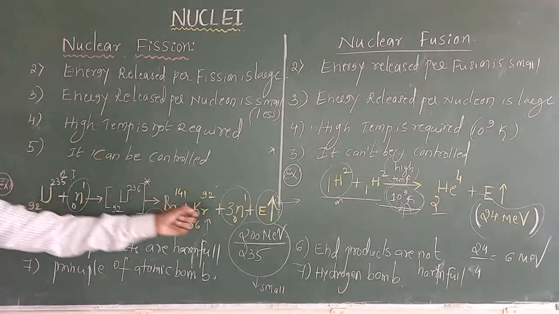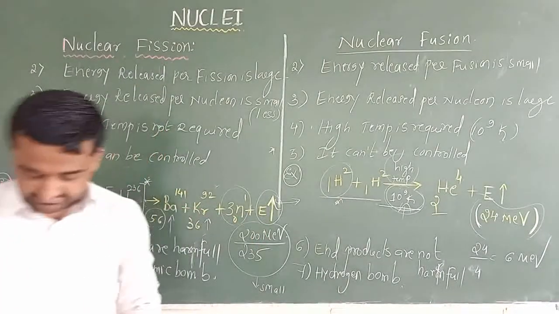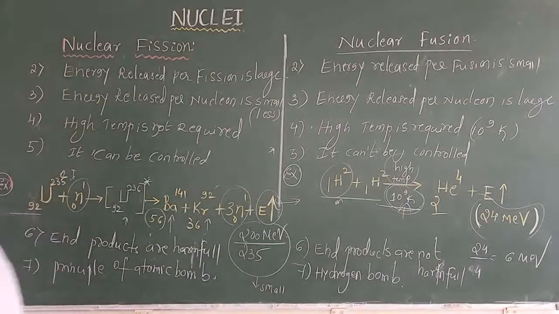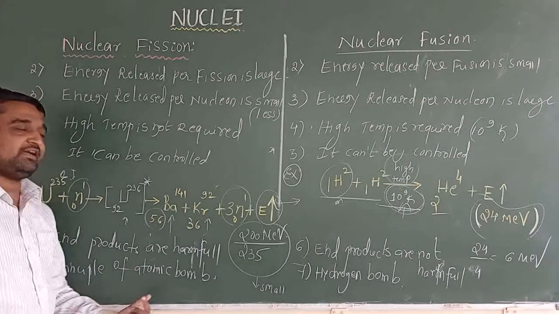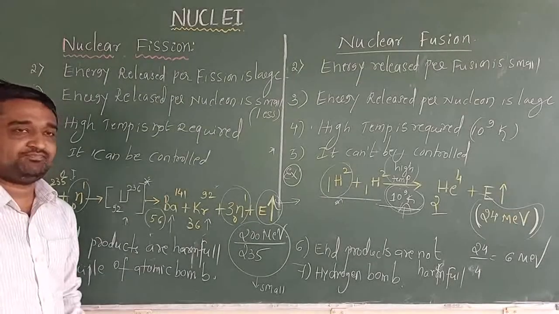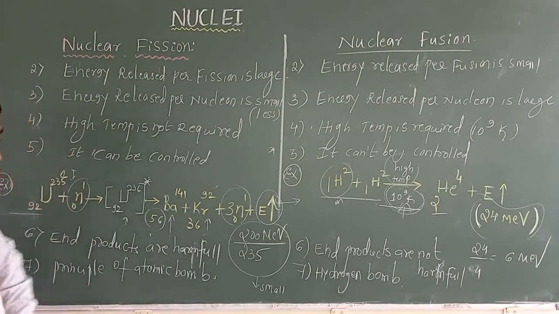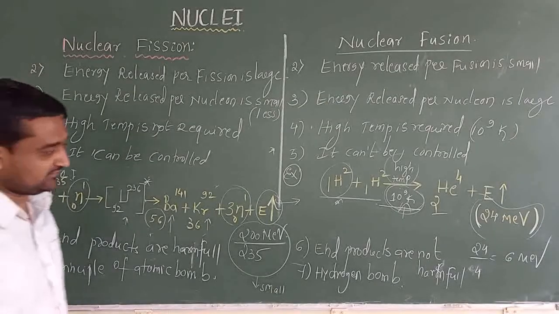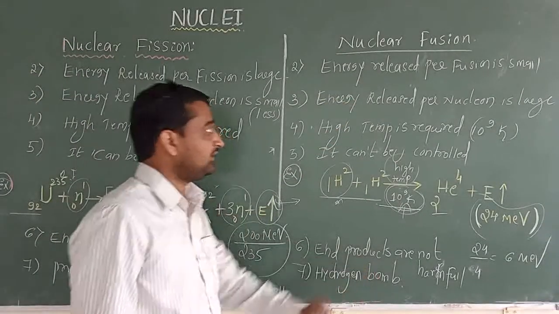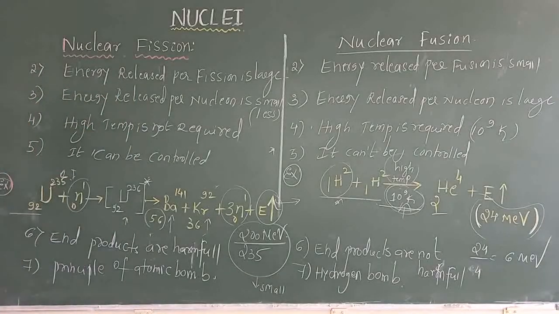The large amount of energy released in nuclear fission may be used for constructive as well as destructive purposes. The atomic bomb is an example of destructive purpose, while the nuclear reactor is constructive, where we can produce energy.